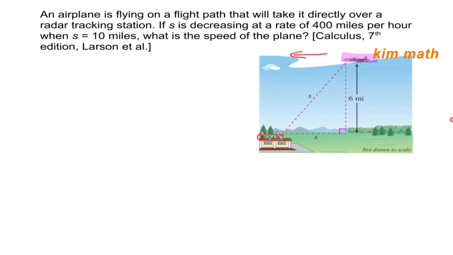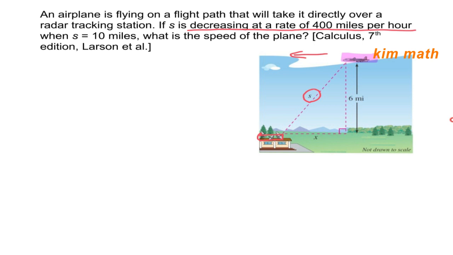If S is decreasing, what is S here? S is the distance from the radar station to the airplane, right? In this picture, the hypotenuse is S. It is decreasing at the rate of 400 miles per hour.